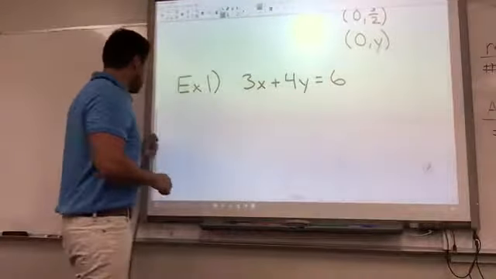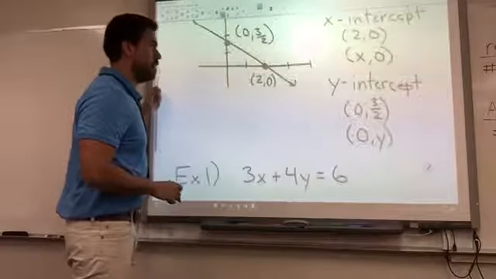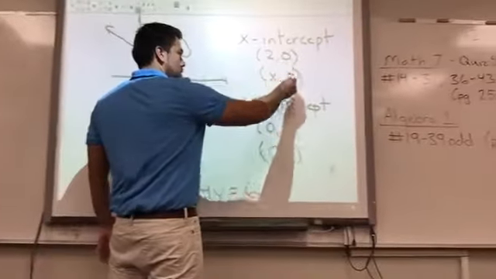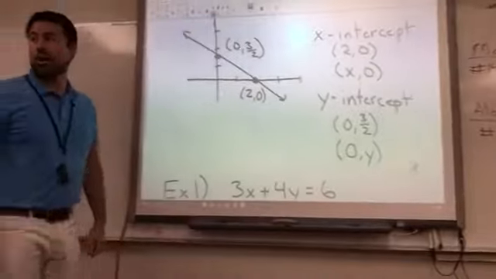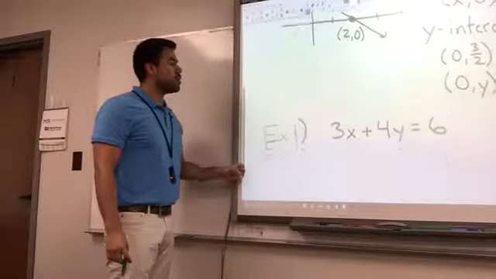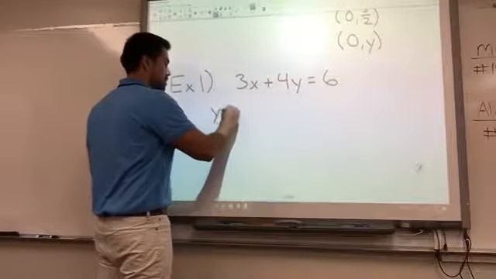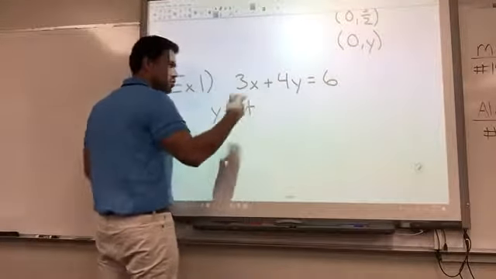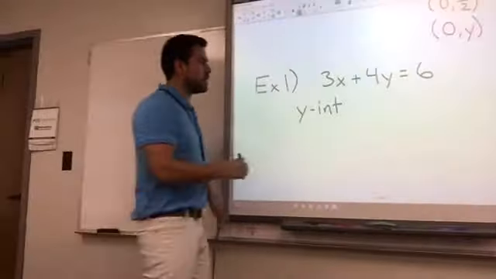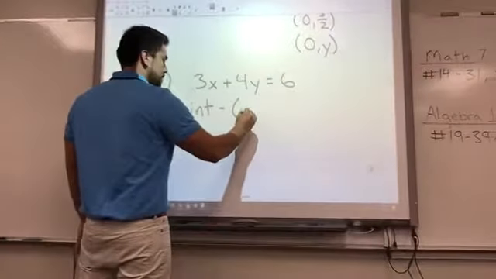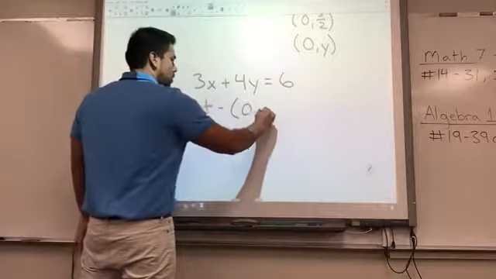Okay, do you remember on x-intercepts, what does y always equal? 0, right? So what you're going to do here to find the y-intercept, so we'll do the y-intercept first. You can do either one first, it doesn't matter. To find the y-intercept, I know it's going to be 0y, right?